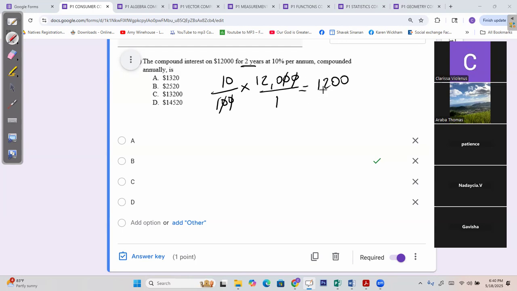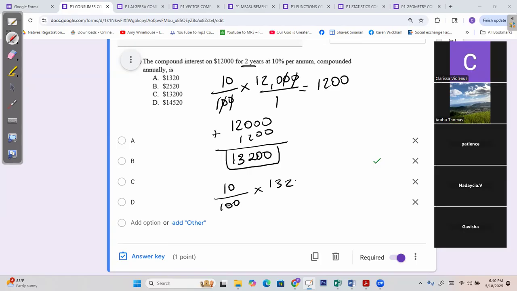So what we can do with this, we can add it on, right? 12,000 plus 1,200 will give me 13,200. So that's my new money value. So I have to find 10% of that now and add it again. So 10% of that, 13,200 over 10, is 1,320.